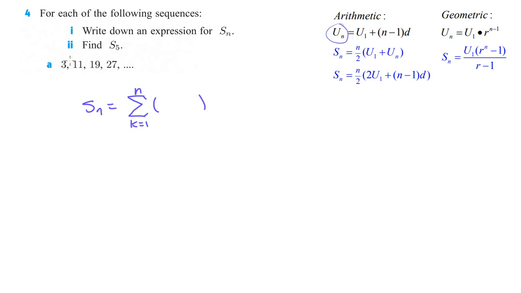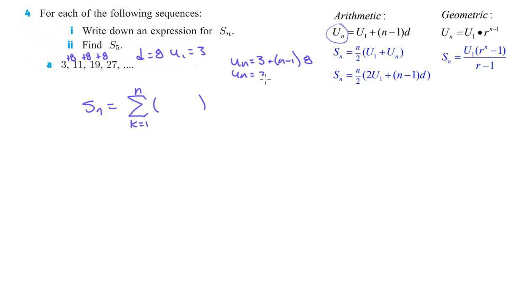So if you'll notice here, we're adding 8 here, 8 more there, plus 8 there. So our difference is 8. Our first term is 3, so we can just plug that into this formula here. It's just this notation business. So u sub n is going to equal 3 plus n minus 1, all times 8.